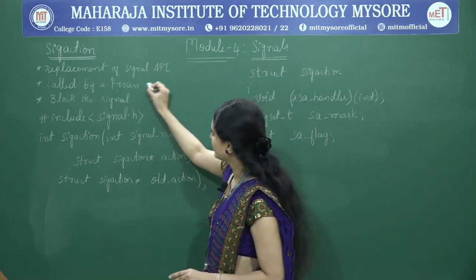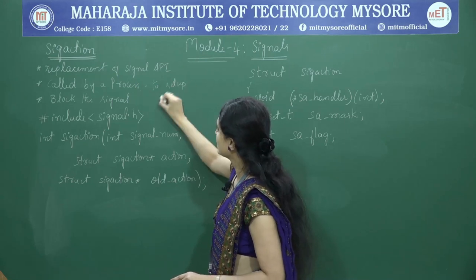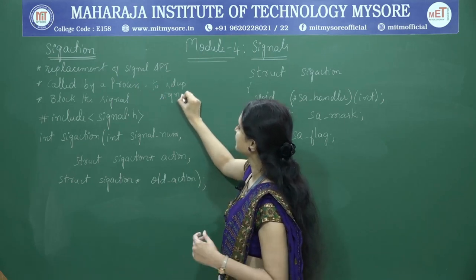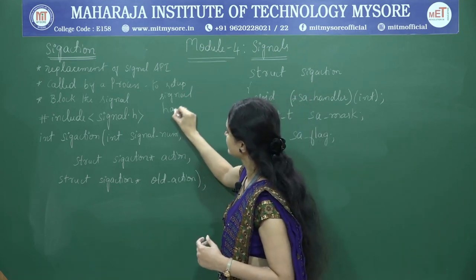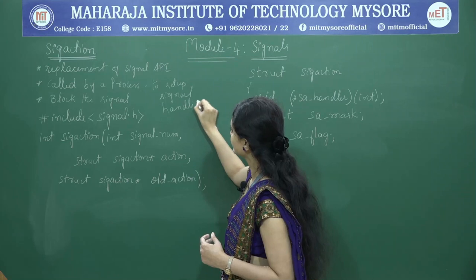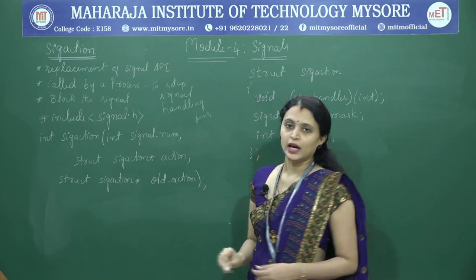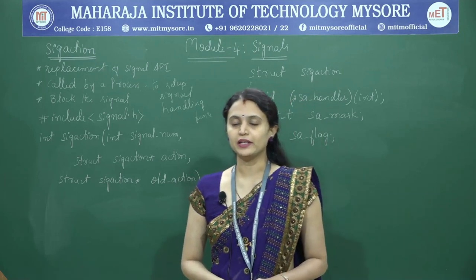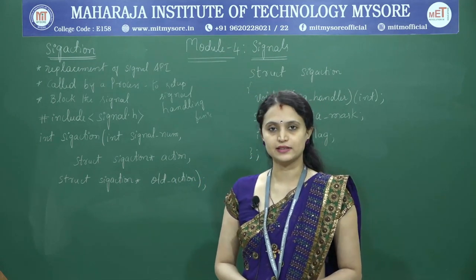So it is called by the process to set up signal handling functions. And this SIGAction API is also used to block the signals.